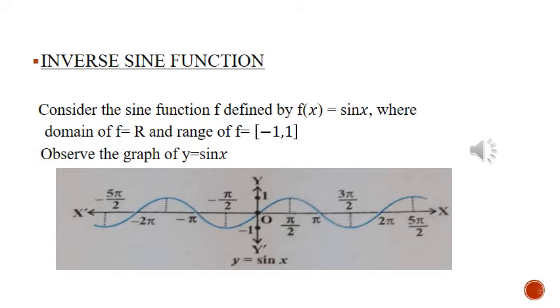These are the y values. When x is -π/2, the sine function is -1. When x is 3π/2, the value of sine is -1, etc. So what do we observe here? We observe that the sine function is not one-one.